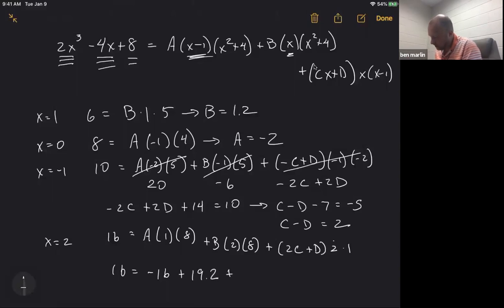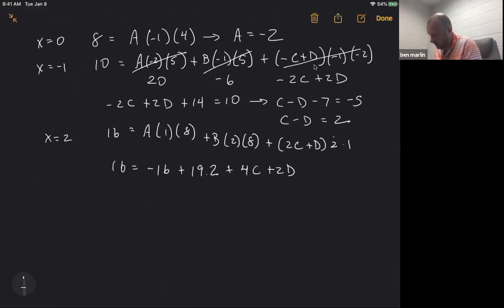And then plus 4c plus 2d. So simplifying, 4c plus 2d plus 3.2 equals 16.